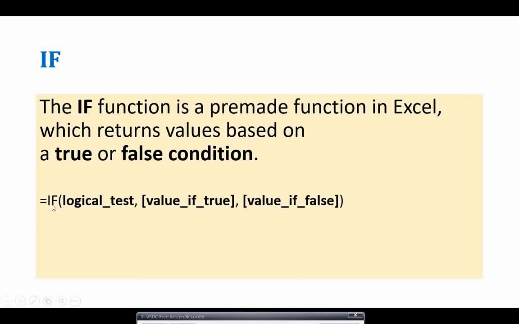We have the function if. It is followed by an open parenthesis, then the logical test, which means the condition. If the condition is met, then it will return the true value. If the condition is not met, then it will return the false value. So we need to place a return value of true and a return value of false.